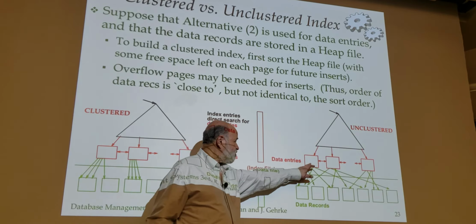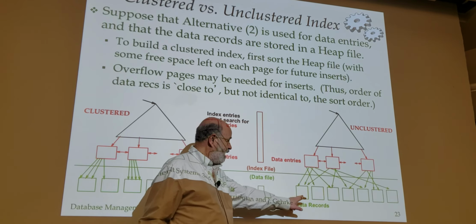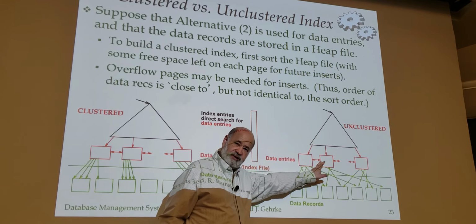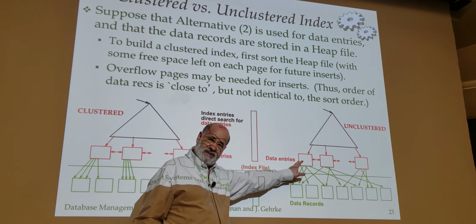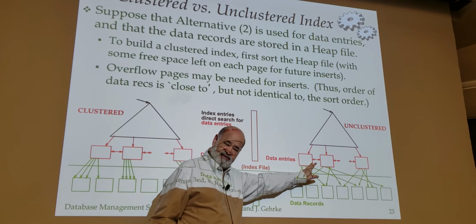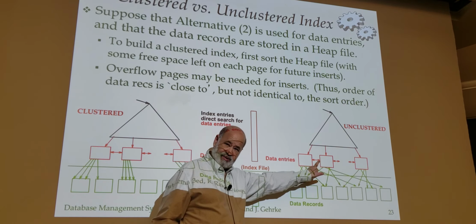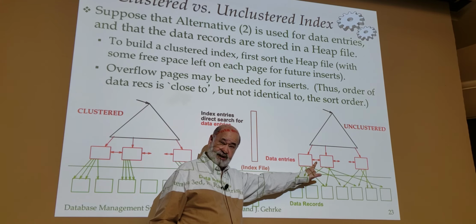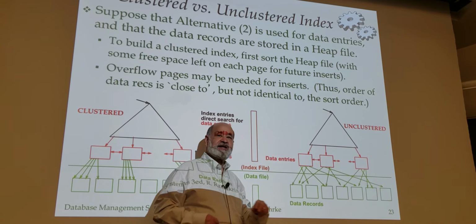I'm going to go through all these different entries, and now there's going to be the cost of going through all these pages that are the leaf pages of my index. So I will go through all the leaf pages of my index. That's going to be one of the things on one side of the plus sign. It's actually on the right side of the plus sign. And then there's the cost to get the pages.